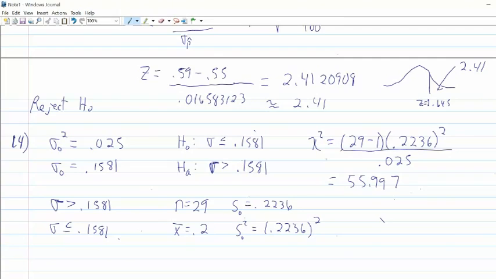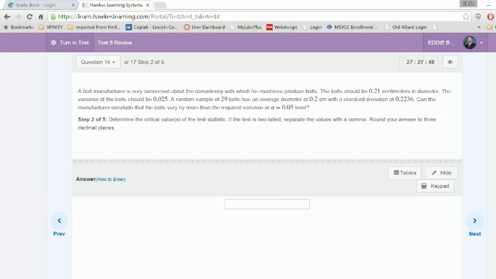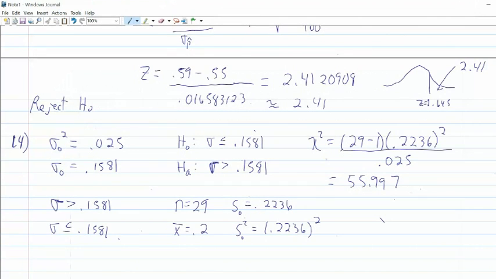Is that what we were asked for? We were asked for the critical value of the test statistic. So I just found the next step. I just found the test statistic. This isn't the critical value. All critical values, remember, come from tables. So to find the critical value, you're going to need to go to the chi-square distribution table.